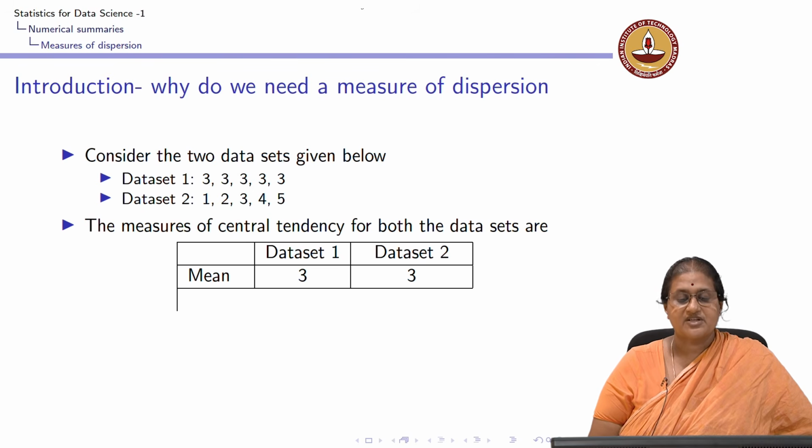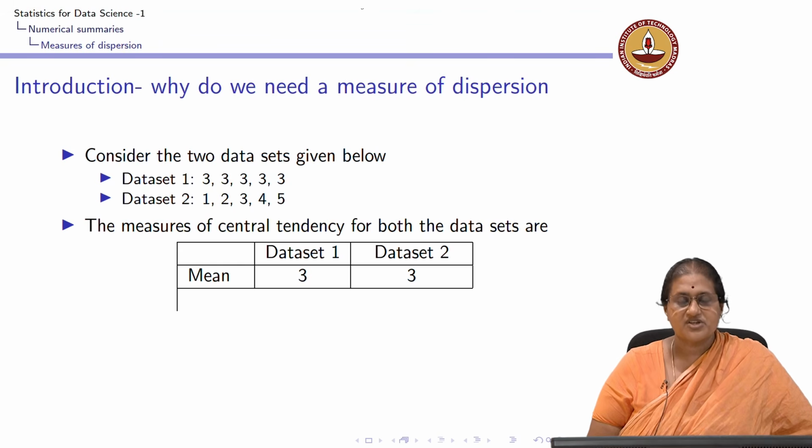Because the mean of the first data set is 3 plus 3 plus 3 plus 3 plus 3, which is 15 divided by 5, which is 3. The second data set is 1 plus 2 plus 3 plus 4 plus 5, which is again 15 divided by 5, which is equal to 3. We look at the median. The number of observations is odd, which is 5. So 5 plus 1 is 6, 6 by 2, the third observation.